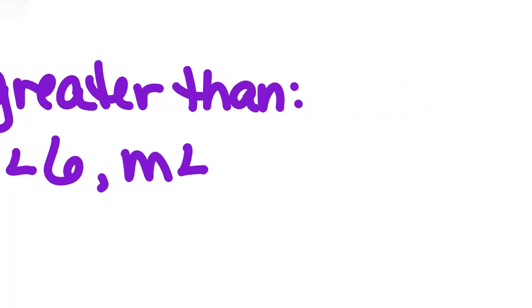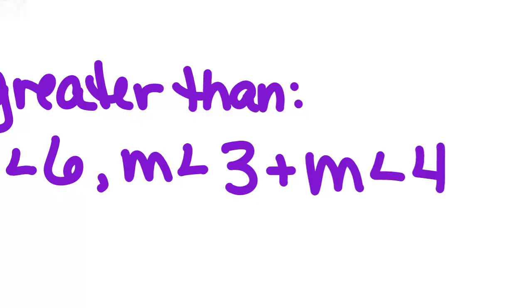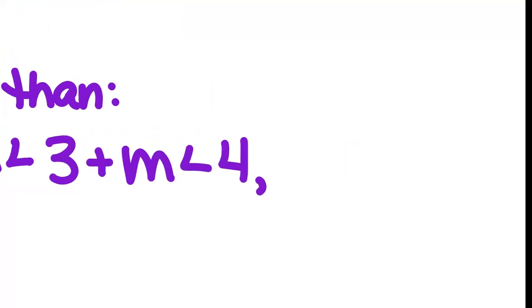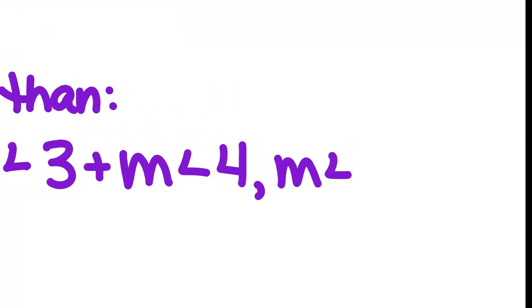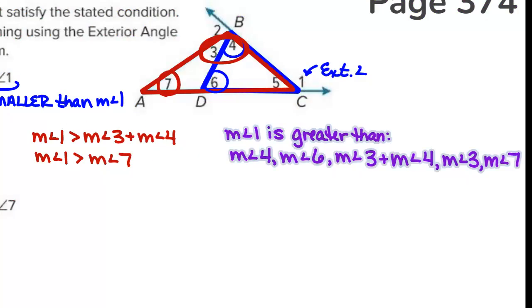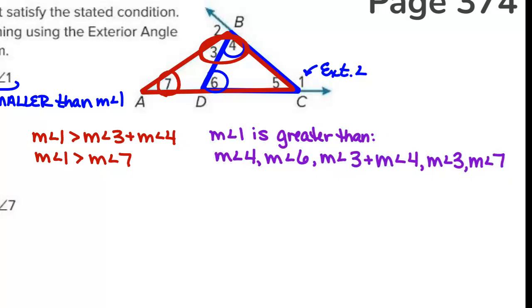I know it's bigger than angles 3 plus 4. If it's bigger than angle 3 plus 4, I already said it's bigger than angle 4. It would also have to be bigger than which one? Than 3. Measurement of angle 3, and it's bigger than the measurement of angle 7. It's bigger than all of those.